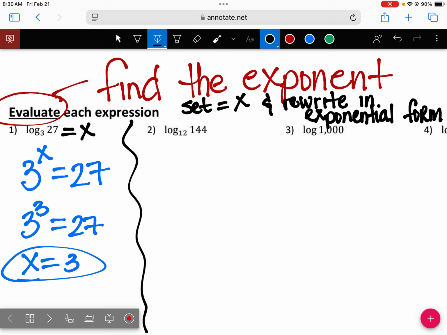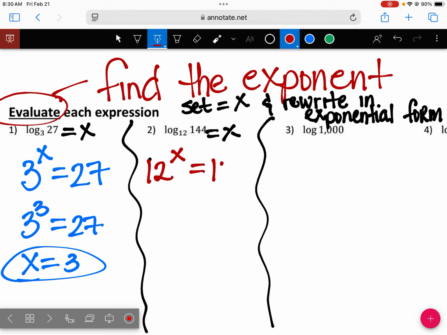Let's look at number 2. First step, set it equal to x. Second step, rewrite it. Don't say it out loud. Try to find your exponent. 12 to the what power is 144? This is the notes.